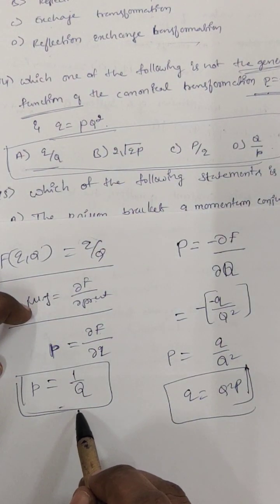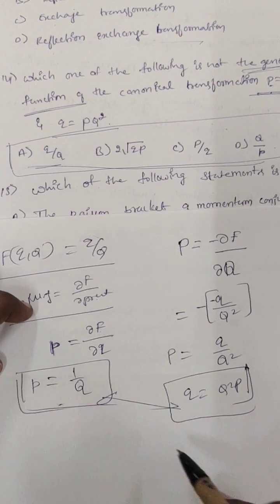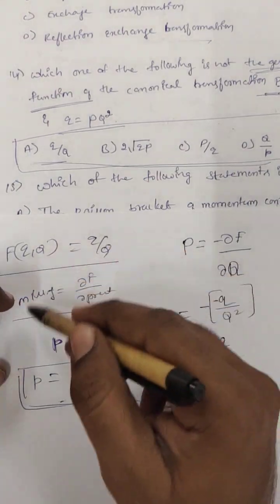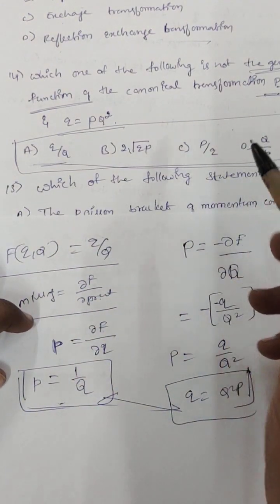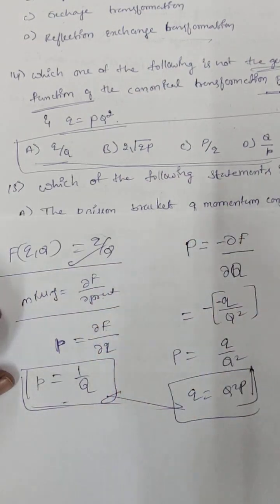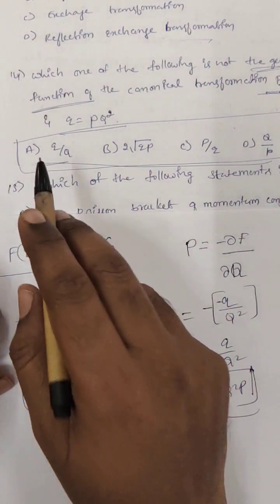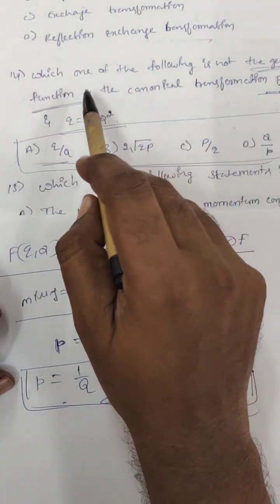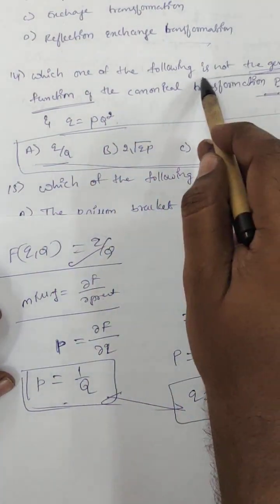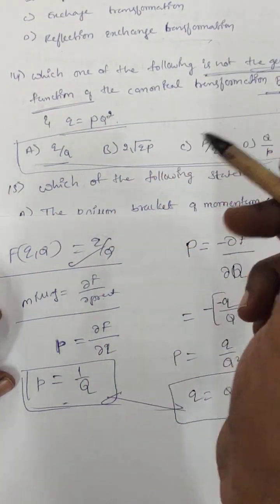We got all these, right? So from this equation we will get the given question. So it is a generating function. So option A is a generating function. Actually they asked for not a generating function, which is what we have to identify.